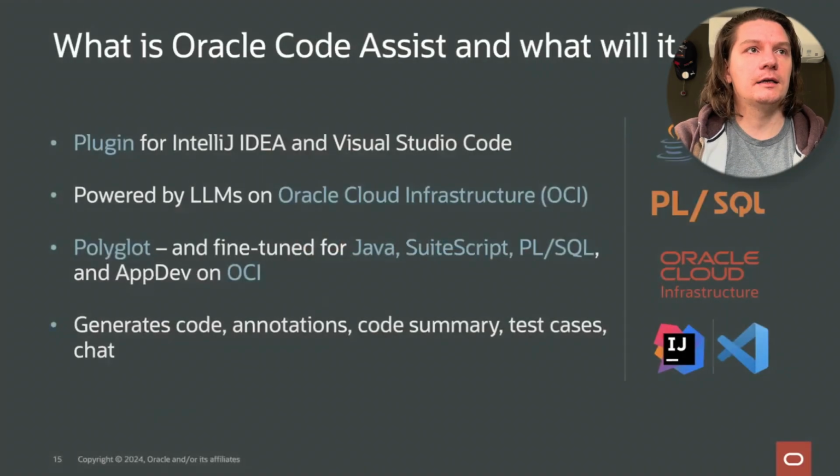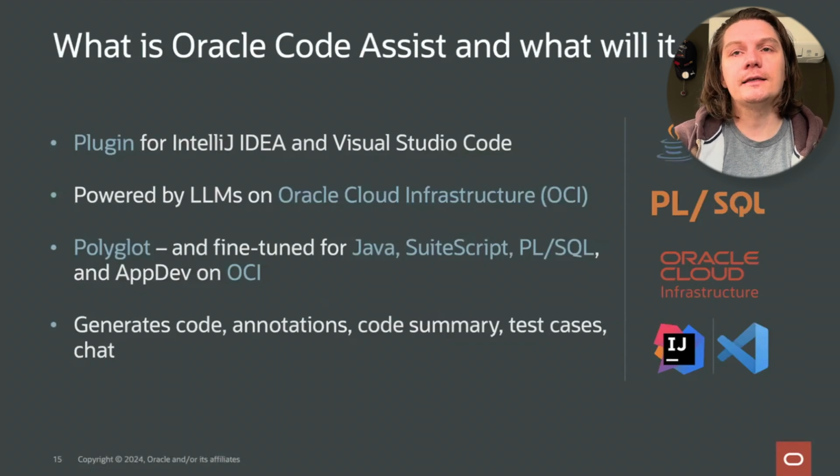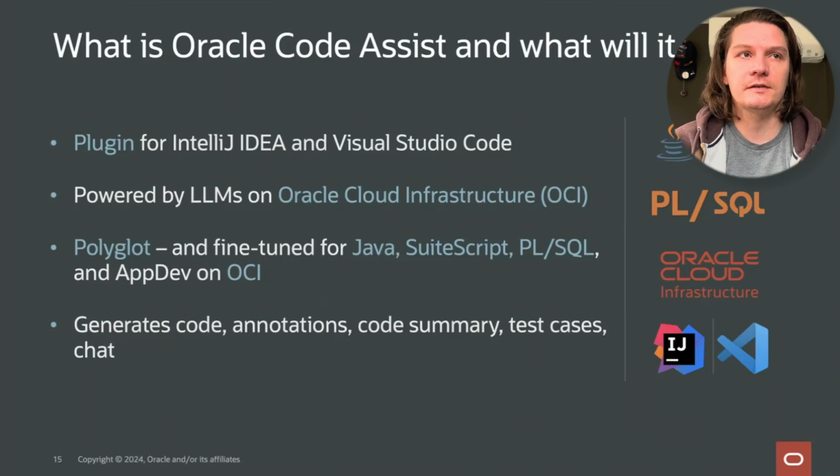So in terms of the Code Assist, which is what we're going to talk about today, essentially this is our code companion. It is planned to be released as part of the plugin that is going to live within the IntelliJ IDE and Visual Studio Code.